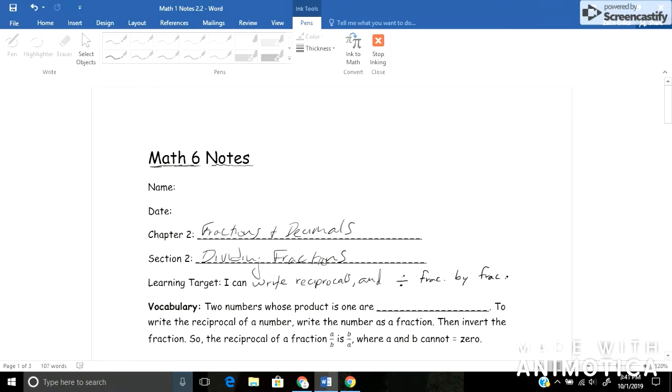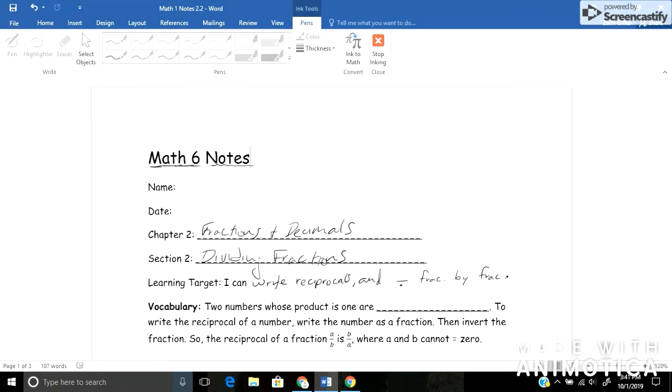Okay, I'm going to give you a few memory clues that I like to use today. And one of the nice things actually about dividing fractions is you're actually not doing any division. Might sound weird, but I'll show you in just a second.